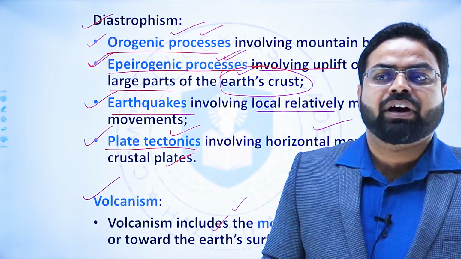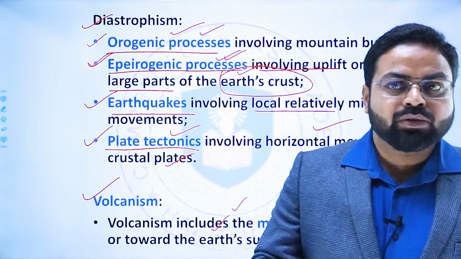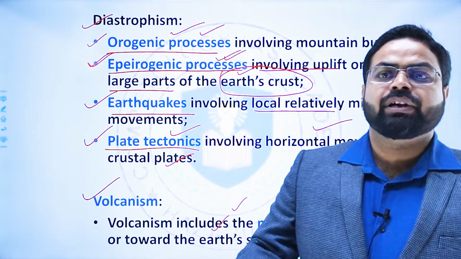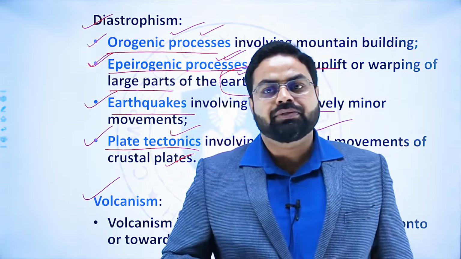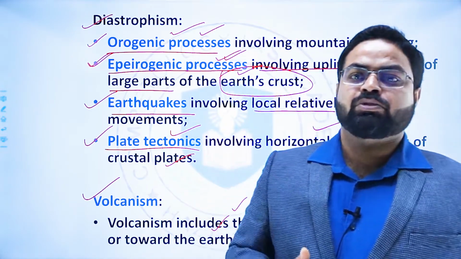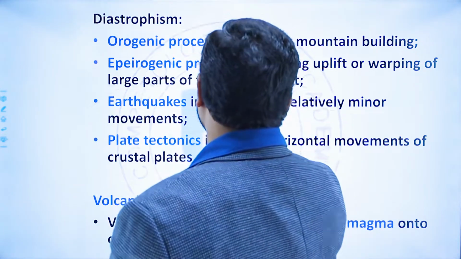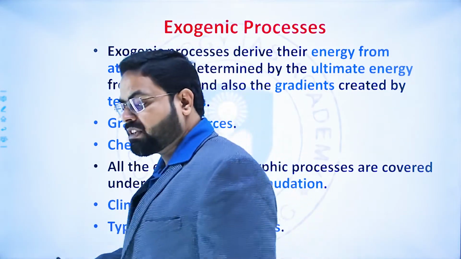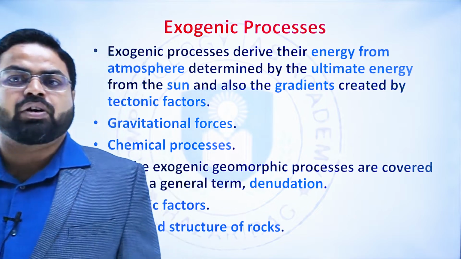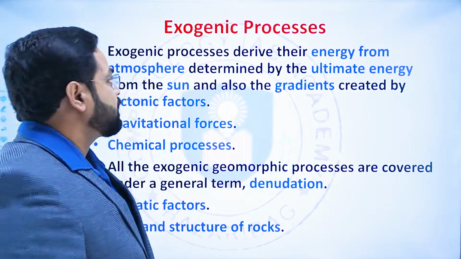So whenever they find any outlet or vent through which they can travel to the surface of the earth, they start moving and reach the surface, and they also form various physical features on the surface of the earth.